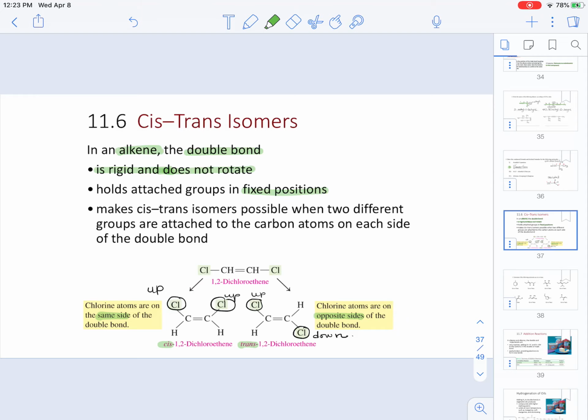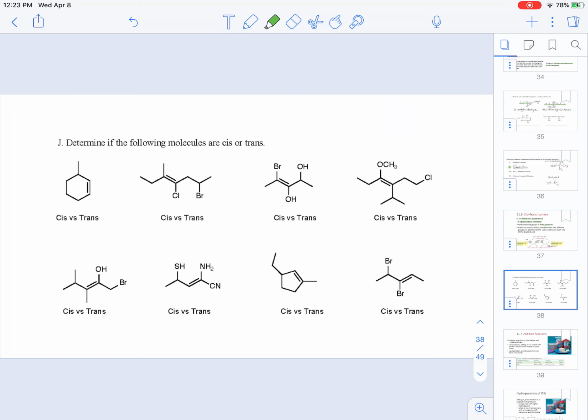Now, I'm going to discuss in detail how to determine if something is cis versus trans. And I'm going to illustrate this by doing at least the first 2 molecules on the first row. Make sure that you practice with the rest of the molecules that we have in the worksheet.